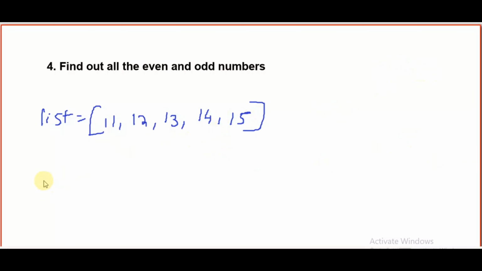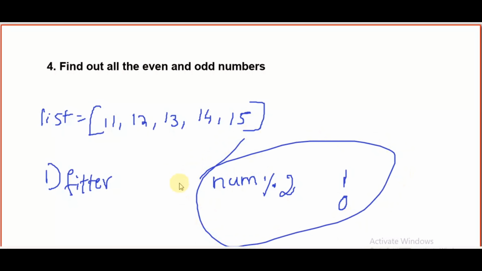So to solve this, I'll use filter method, and I will pass the condition inside the filter as modulo 2. So this will return the remainders. If the number is odd, it will return 1 as a remainder. If the number is even, it will return 0 as a remainder. So I will pass this condition inside filter.